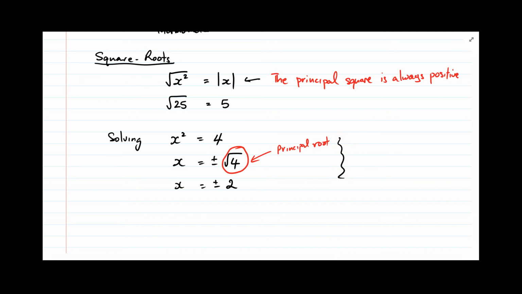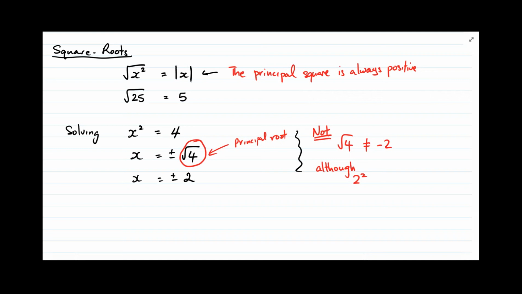So we don't say the square root of 4 is equal to negative 2, although 2 squared is 4, and negative 2 all squared is also 4.